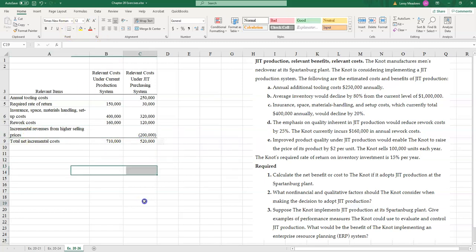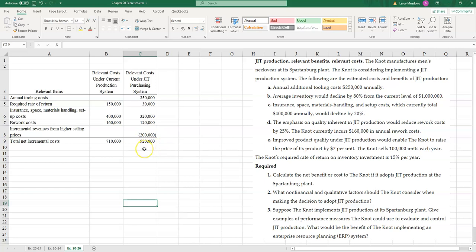So if I implement the just-in-time system, when I take everything into account that's relevant between both alternatives, then it's going to cost me to maintain my current production system $710,000, whereas under the just-in-time purchasing system, the net cost is $520,000.